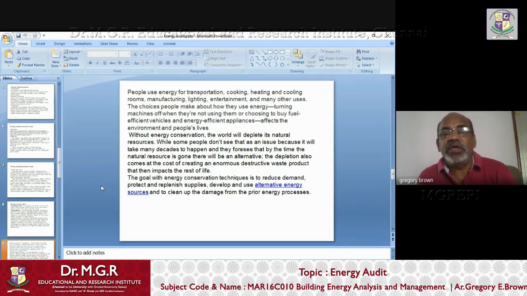Turning machines off when they are not in use, or choosing to buy fuel efficient vehicles and energy efficient appliances affects the environment and people's lives. So without energy conservation, the world will deplete its natural resources. And deplete means it will use it up.